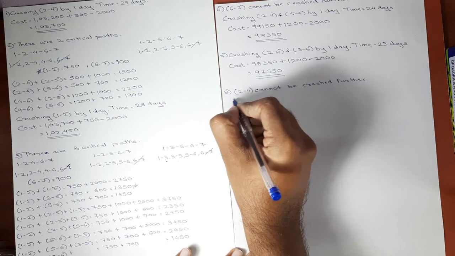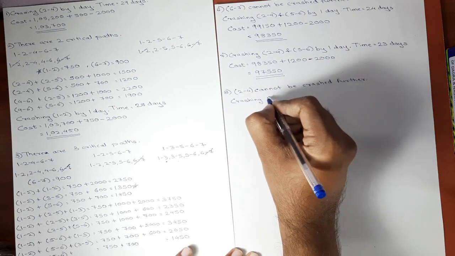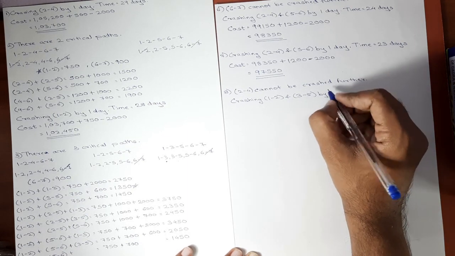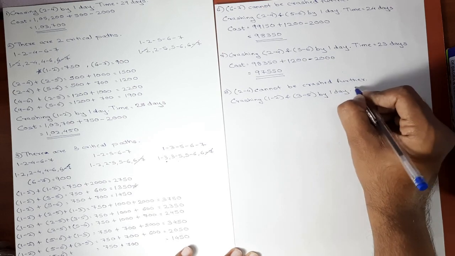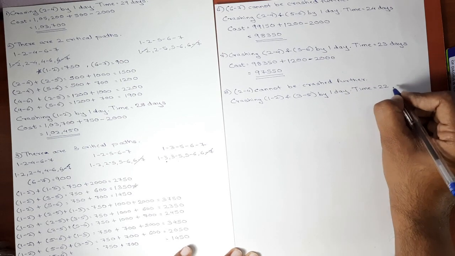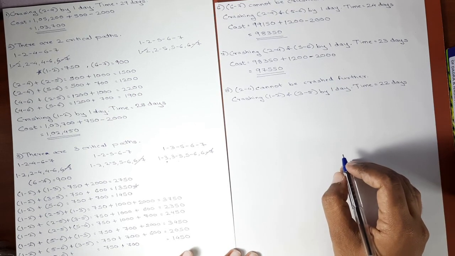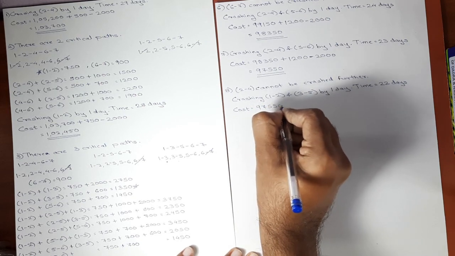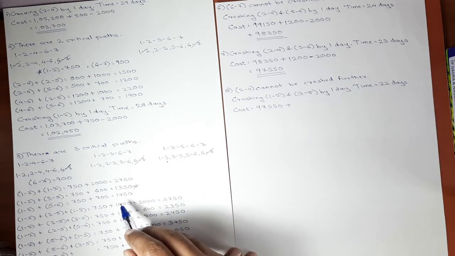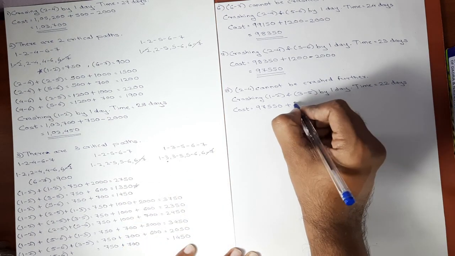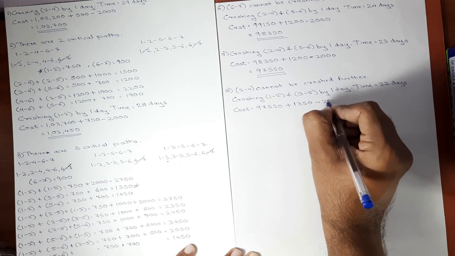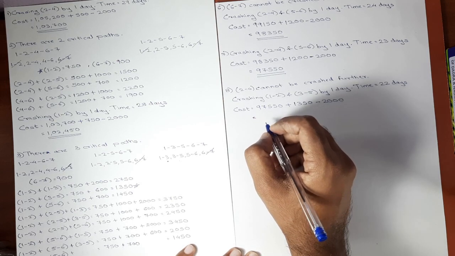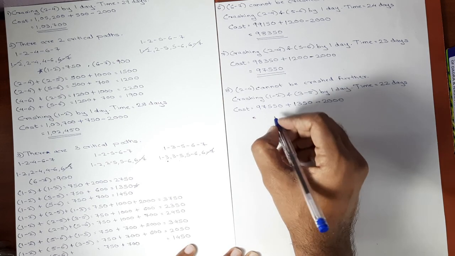So crashing activity 1 2 and 3 5 by 1 day, the time will be reduced from 23 days to 22 days, and the corresponding cost will be 97,550 plus combined cost slope of 1 2 and 3 5, which is 1350, minus 2000. Here we get the answer as 96,900.